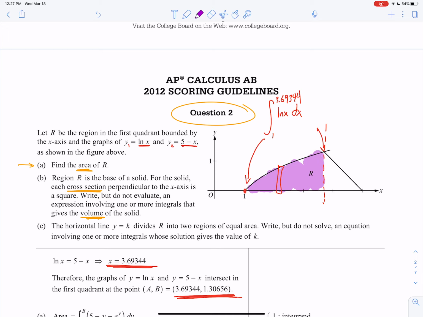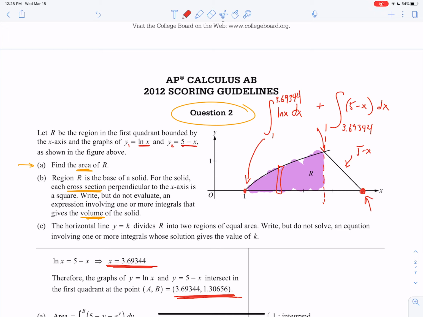But notice how that's not the entire region of R. So what we have to do is we're going to have to add some more area to it. We're going to actually have to integrate the second function, 5 minus x, from where we left off, so 3.69344, all the way to about that point right there.